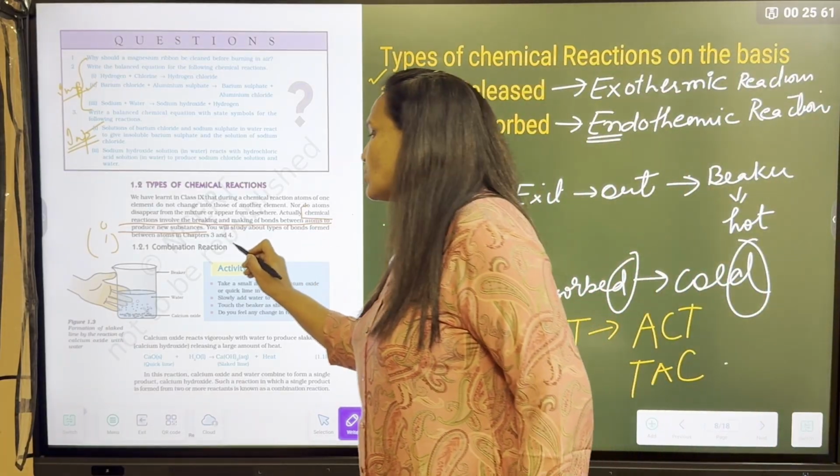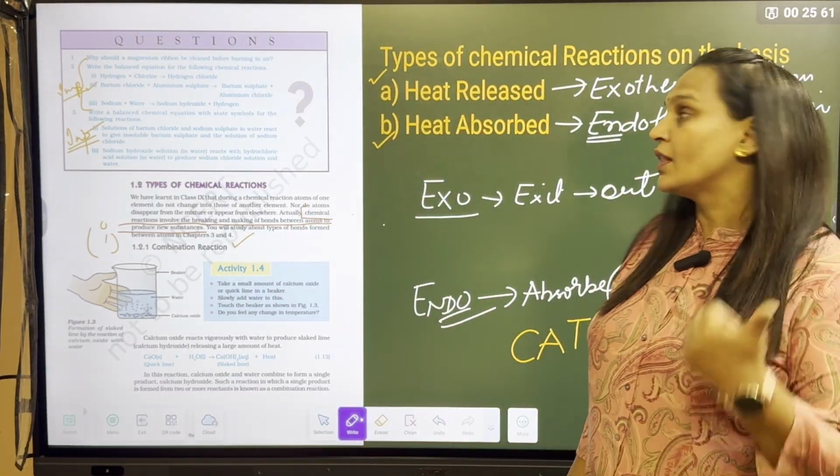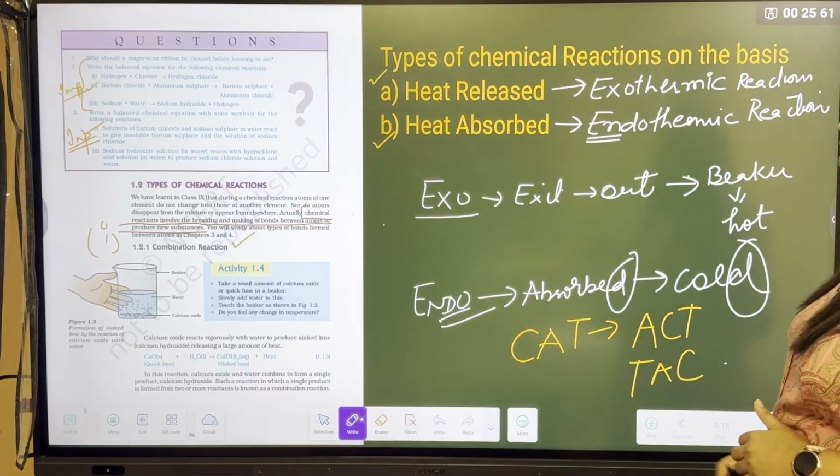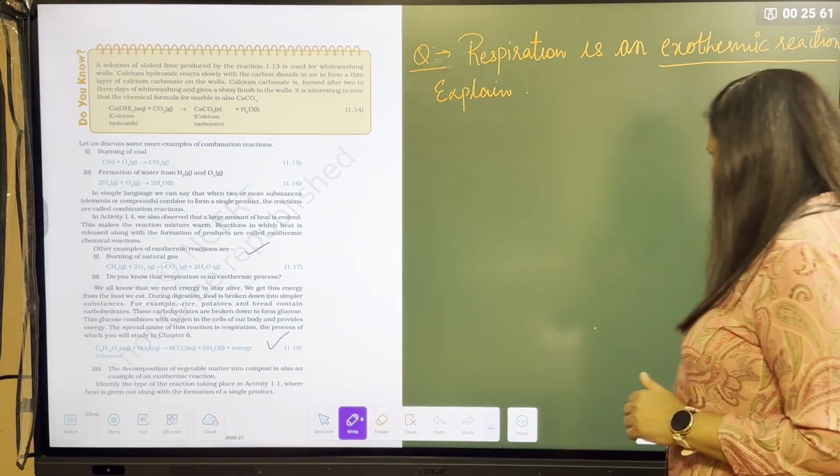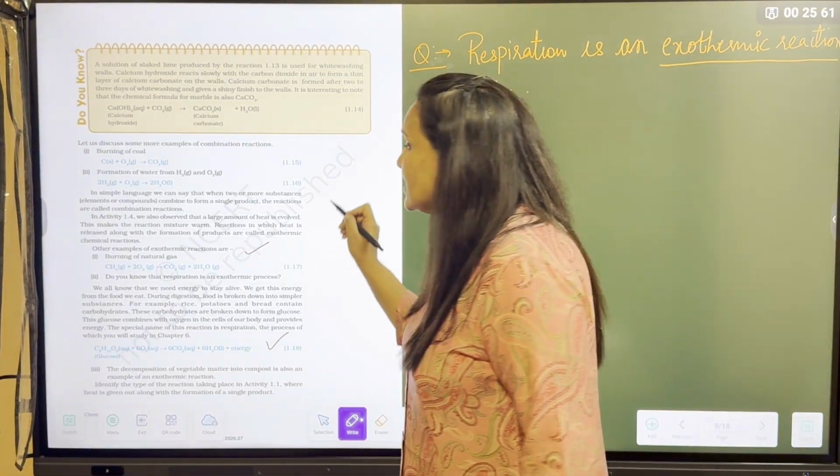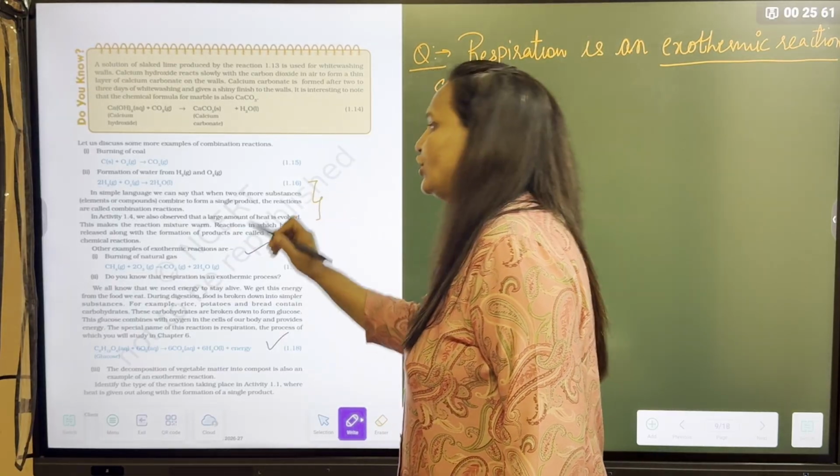So let's learn the first, combination reaction. When we talk about the combination reaction, what does it mean? Please mark this, this is the definition.